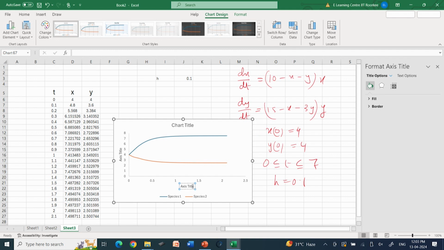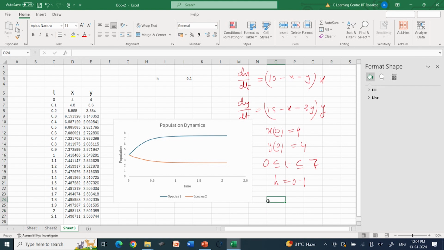This you type as time, this you type as population, and you can change the title to population dynamics, and you get this curve. So, both of them start with the same initial condition and reach certain values.